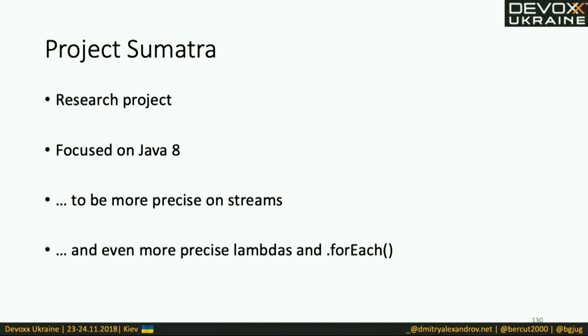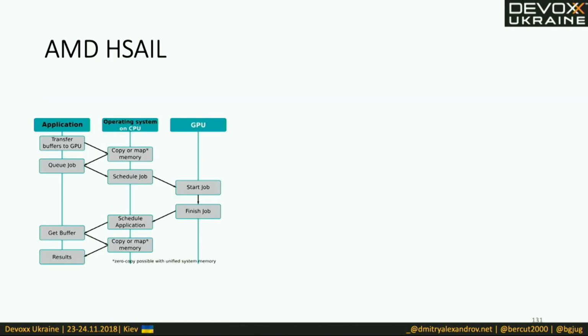If it finds the lambda in forEach, it tries to upload it to the video card. It was done together with AMD, the so-called HSA architecture. Just a few words about it. As you understood from this talk, you always have to copy the data back and forth.